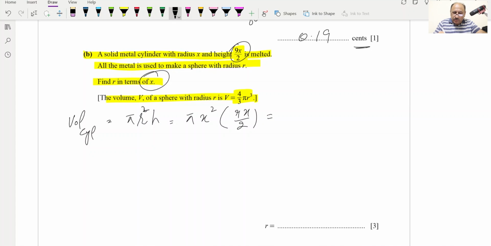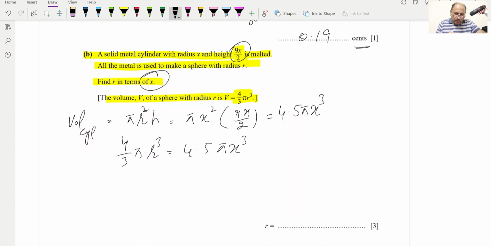This will be equal to 9 by 2 will be 4.5, and x square into x will be x cubed, and we can write 4.5 pi x cubed, and volume should be equal, 4 by 3 pi r cubed should be equal to 4.5 pi x cubed.